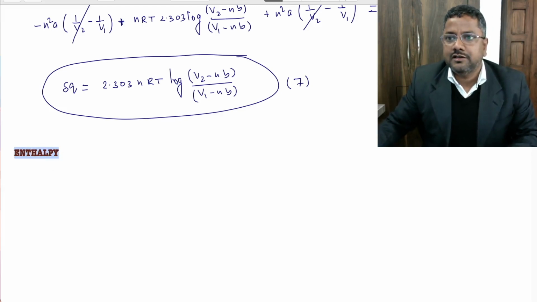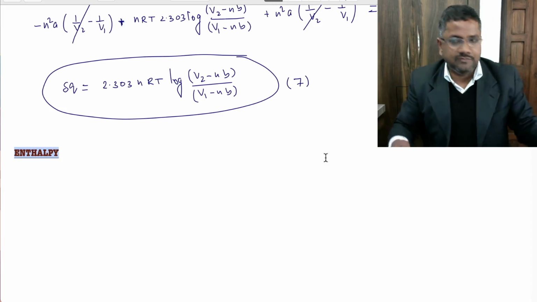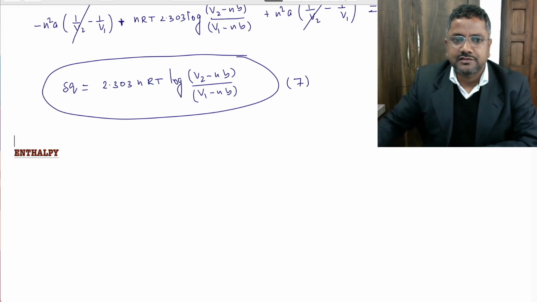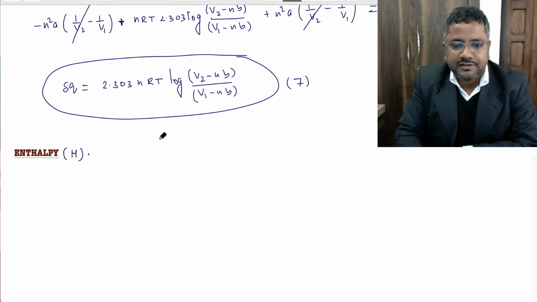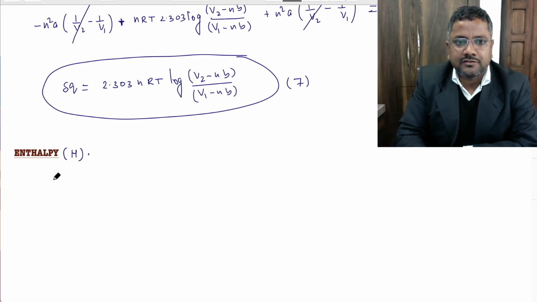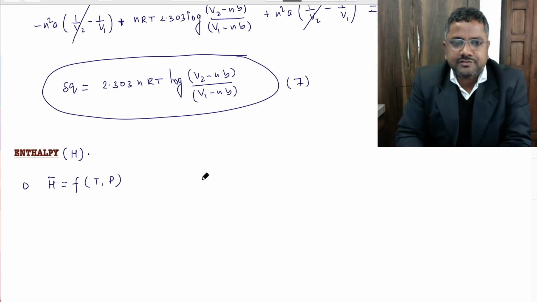If you see, enthalpy and energy both have the same unit, meaning this is also a form of energy, and it is represented by H, and H is a function of T and P.